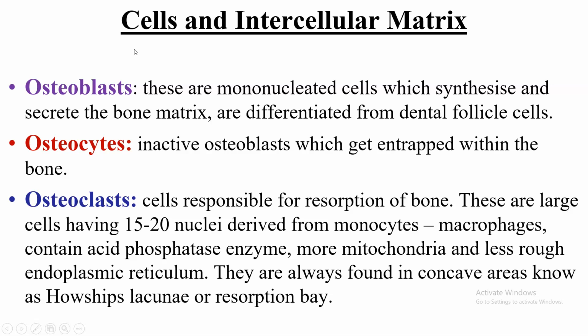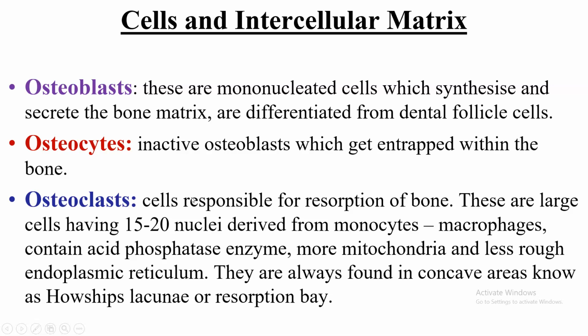Cells and intercellular matrix. The cells that we have: the osteoblast. These are mononucleated and responsible for synthesis and secretion of the bone matrix, and they are differentiated from the undifferentiated mesenchymal cells in the dental follicle. Osteocyte is an inactive osteoblast that is embedded within the bone matrix.